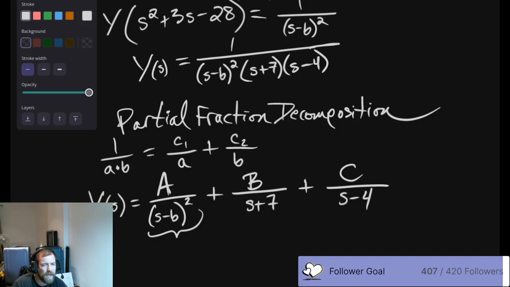So what happens if we add up a certain amount of other stuff and it ends up becoming s minus b over s minus b squared? Well, that would divide out, and then we'd be left with something over s minus b. That's not reflected here at all.